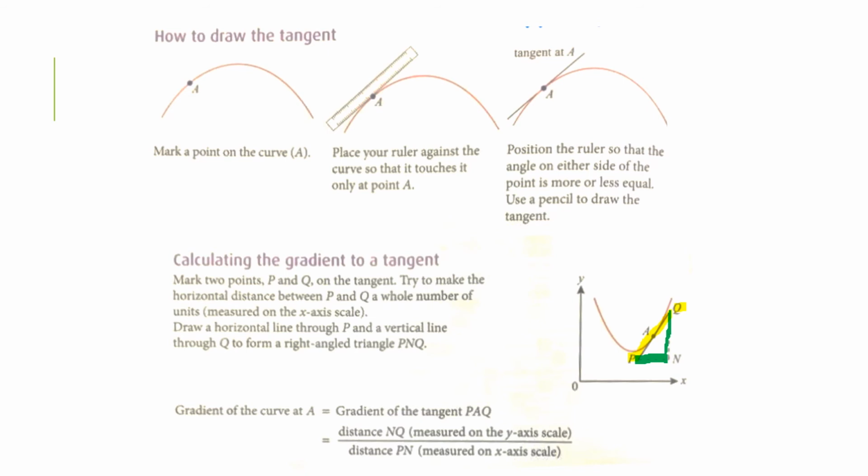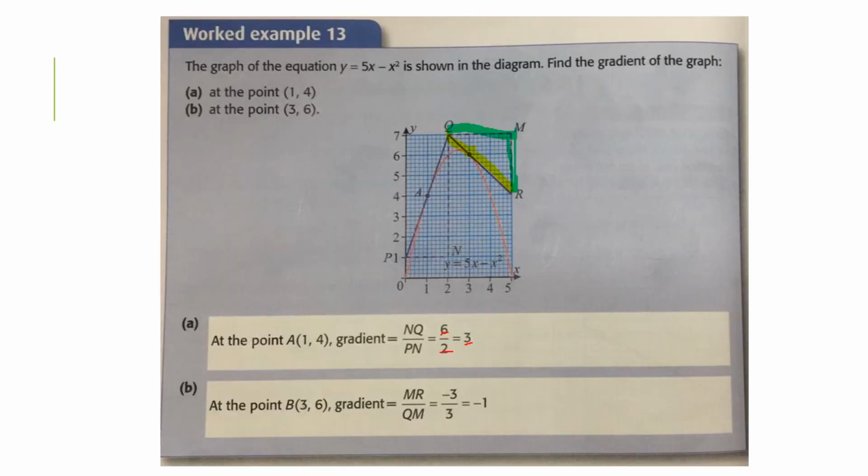I know it's quite hard and complicated to understand, but the difference between M and R, from 7 to 4, is -3, right? We go from 7 to 4, that means we go -3. Then the difference between Q and M is 3, as it goes from 2 to 5. Then -3 over 3 is -1.